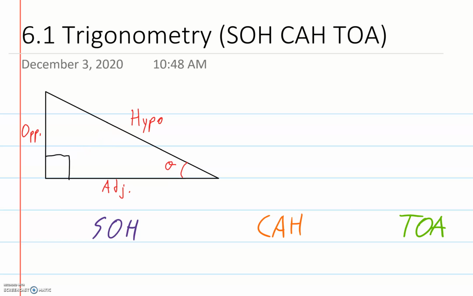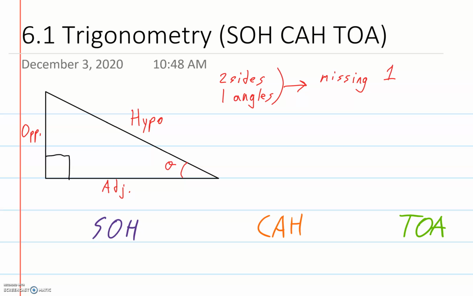All right, so Sohcahtoa is useful when you have two sides and an angle. Now you can be missing one of these and you can solve for the missing one.